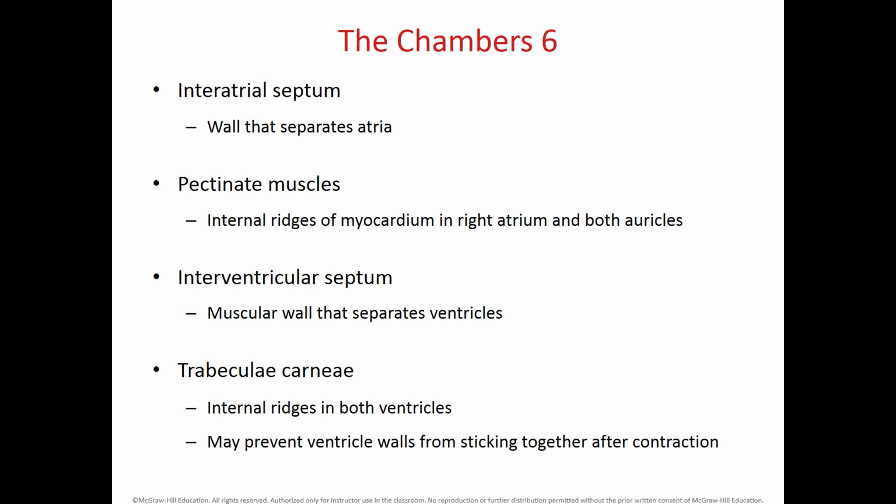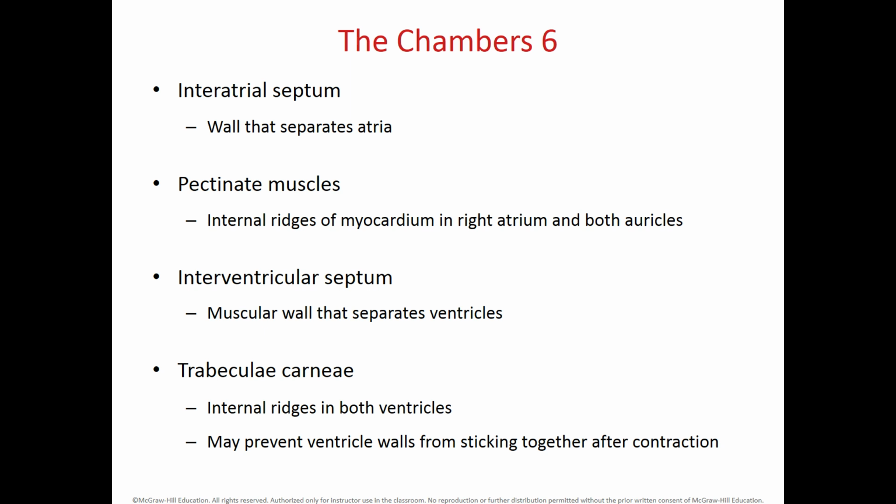Just to emphasize, the interatrial septum is the wall that separates the atria, the left and the right atria. And then within the right atrium and both auricles, we have some parts or ridges of myocardium that we know as the pectinate muscles.